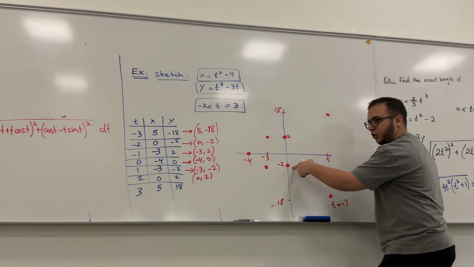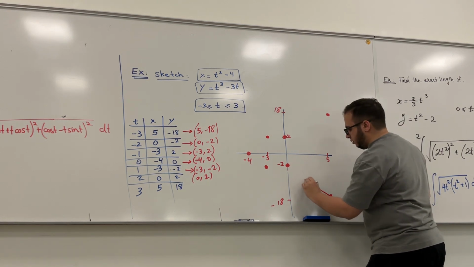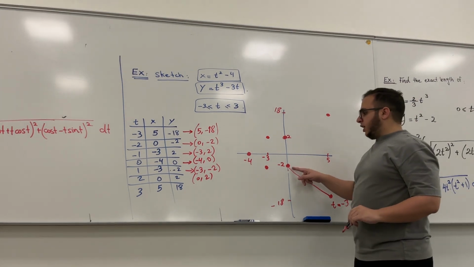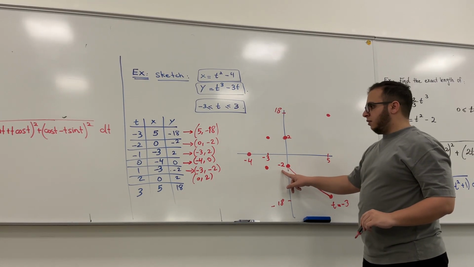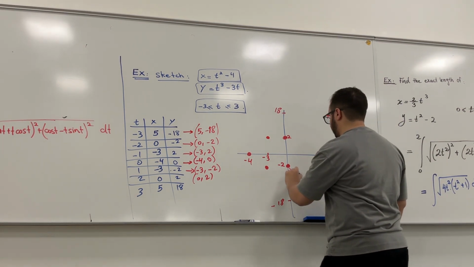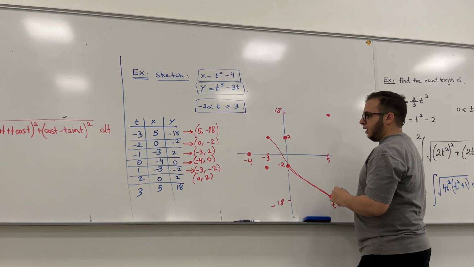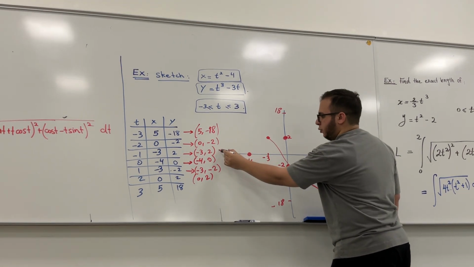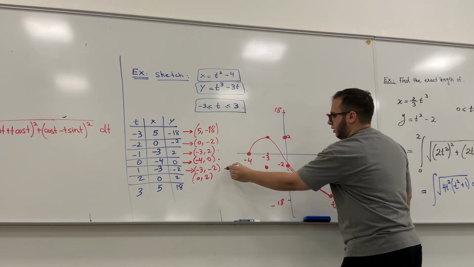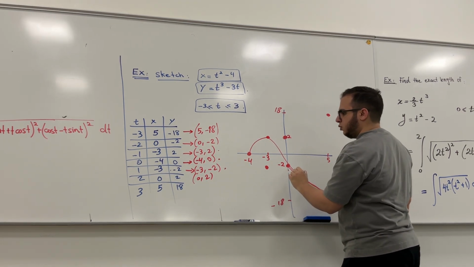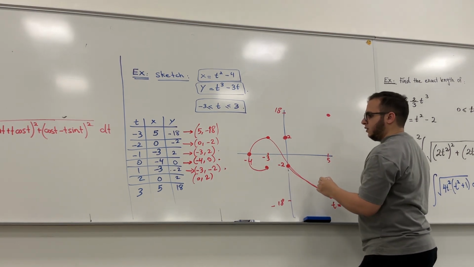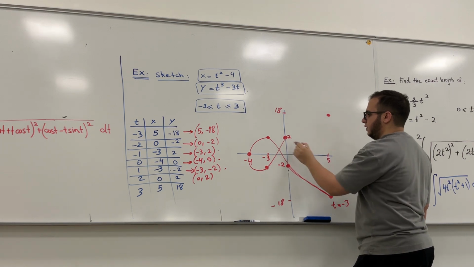Then you connect it to the point corresponding to t equal -2, and then to t equal -1, which is this guy. Then you connect to t equal 0, which is this guy, then t equal 1, then t equal 2, and then t equal 3.